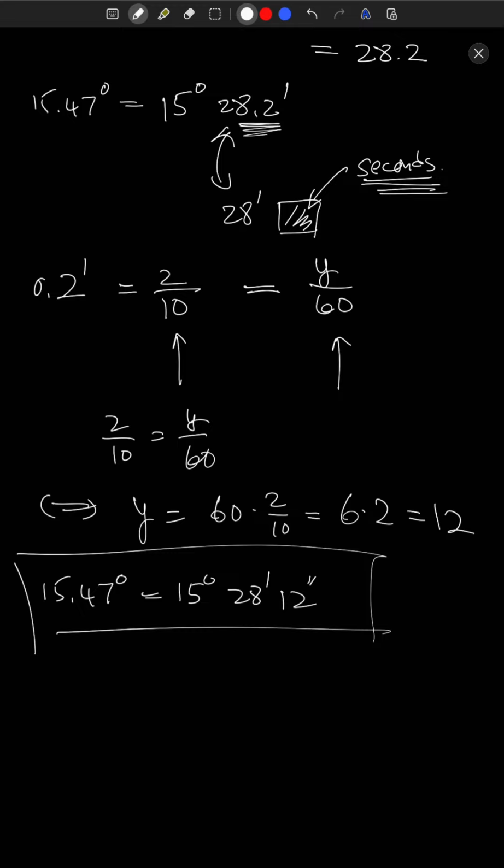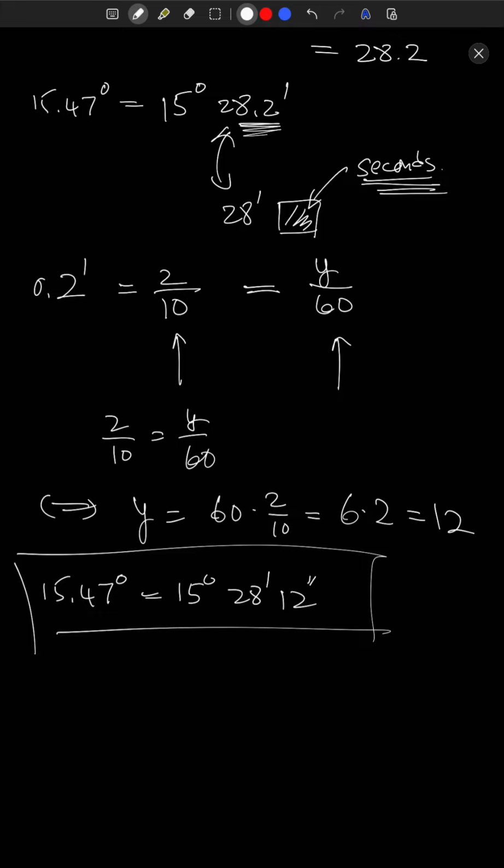All right, so in terms of the procedure, it's relatively straightforward. In summary, if you want to convert a decimal degree into degrees, minutes, and seconds, the degree part stays the same, of course. For the minutes part, you do the ratio: the decimal, 47 over 100, is equal to something over 60.